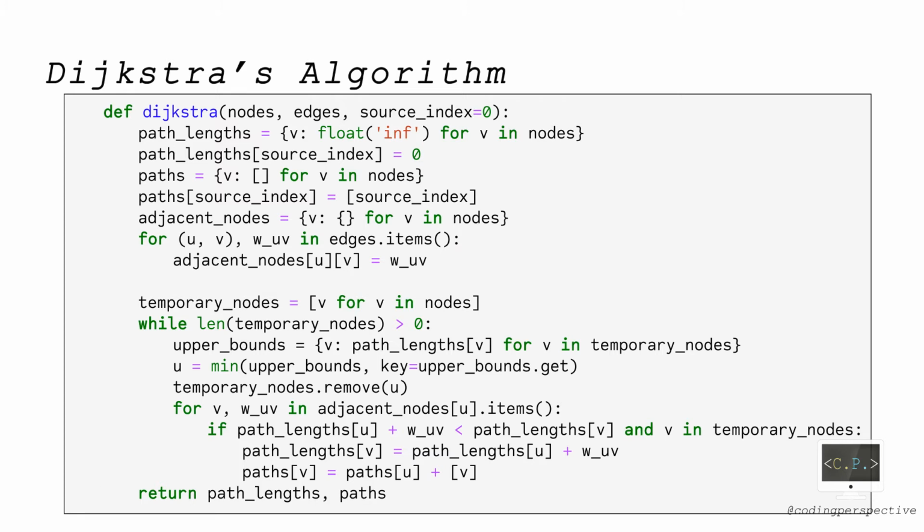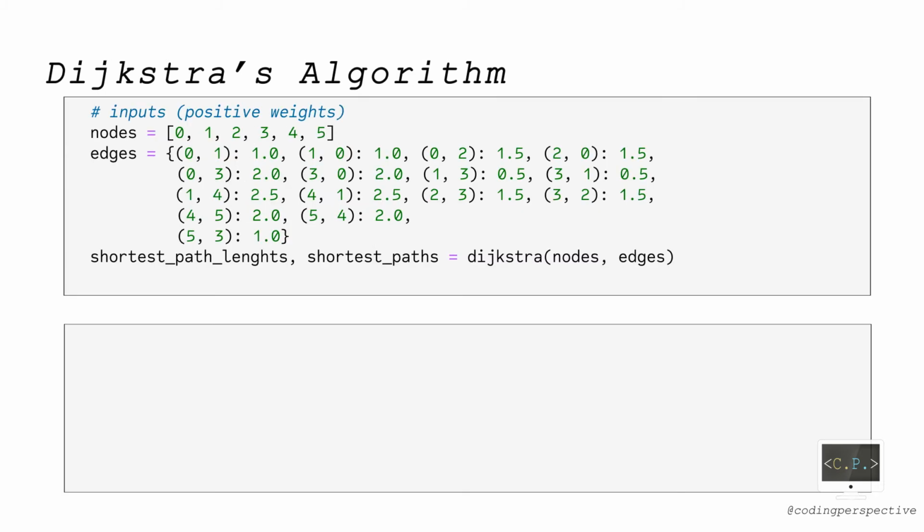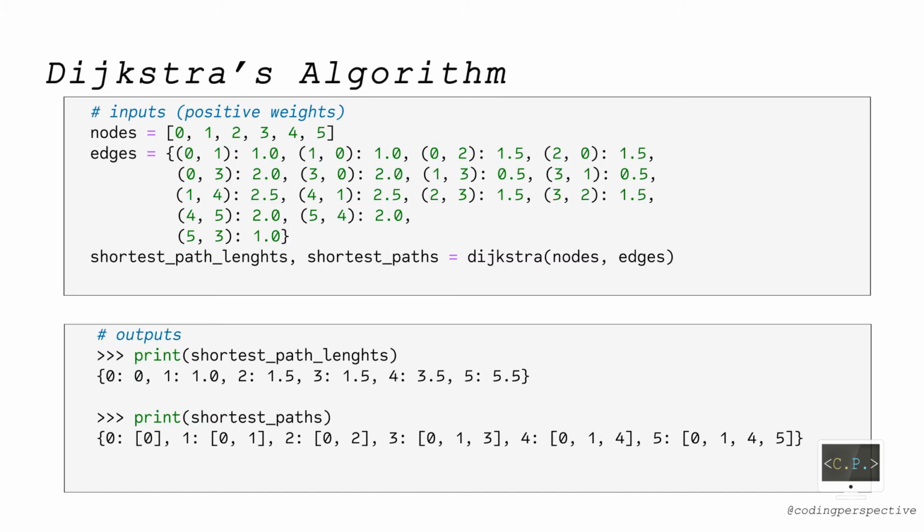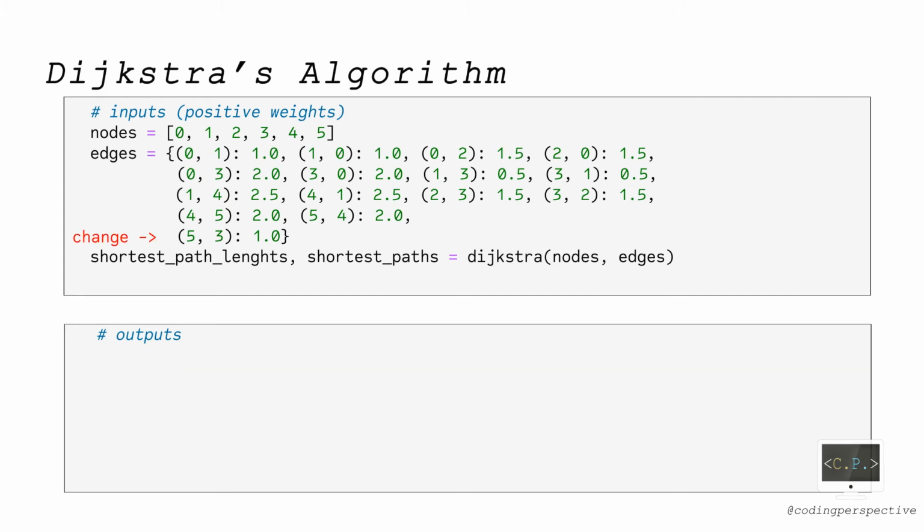Let's run this function for our graph. After modifying the inputs based on the directed graph, here are the outputs. For now, we just focus on node 3. Note that the shortest path from the source node to node 3 is 0, 1, 3 with length of 1.5. So we obtained what we expected. Let's decrease the weight of the edge from node 5 to node 3 and make it minus 4.5.